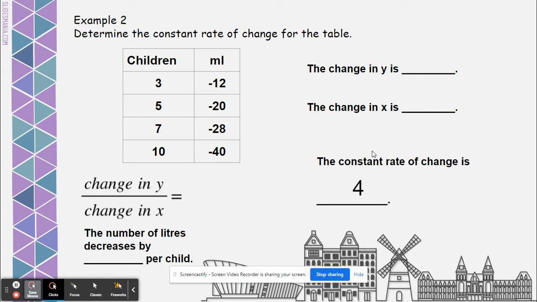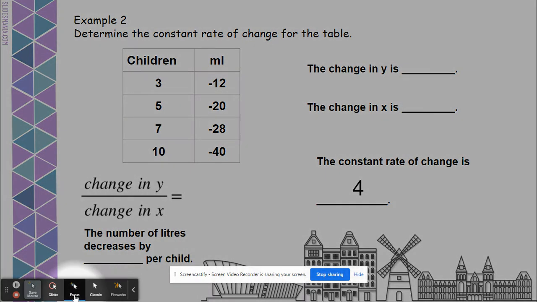Okay, let's look at another example. Now, in this example, when I calculate the rate of change, the change in y, I'm going to subtract negative 12 from negative 20.